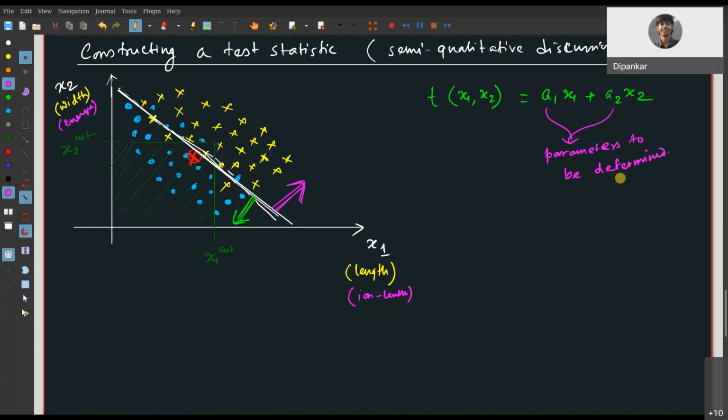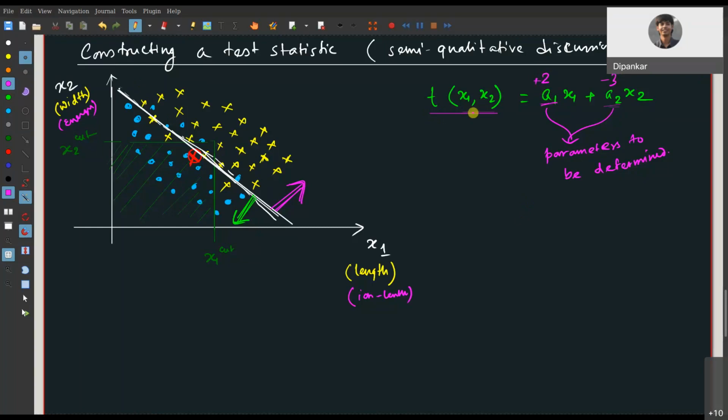Remember, if I fix a1 and a2, then different values of t take me to different parallel straight lines. For example, for now I will fix a1 to plus 2 and a2 to minus 3. This is an example.